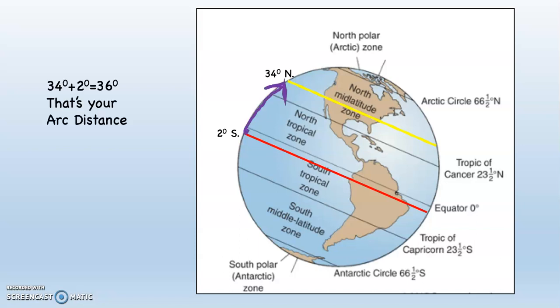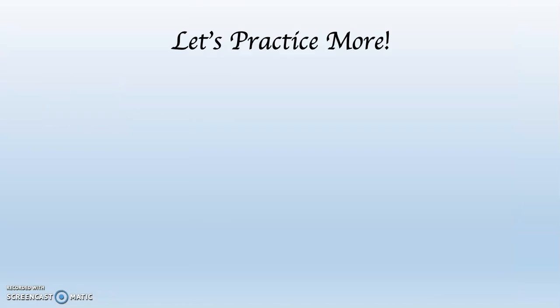The purple arrow now is indicating your arc distance. 34 plus 2, opposite side add, equals 36. That's your arc distance. That's how many degrees away you are at 34 degrees north from the subsolar point when the subsolar point is at 2 degrees south. You may recall the subsolar point is migrating from 23.5 degrees north to 23.5 degrees south.